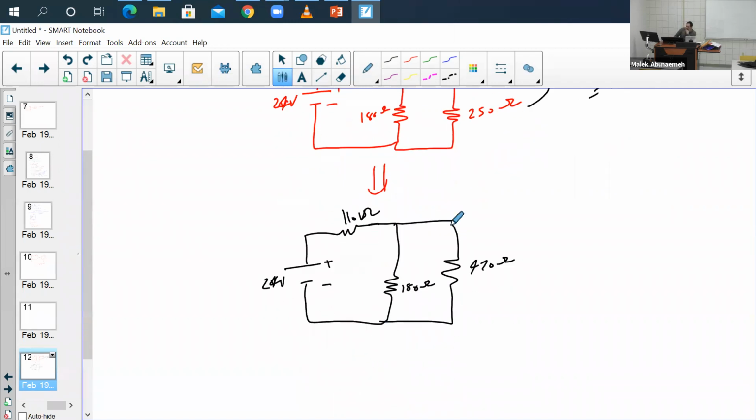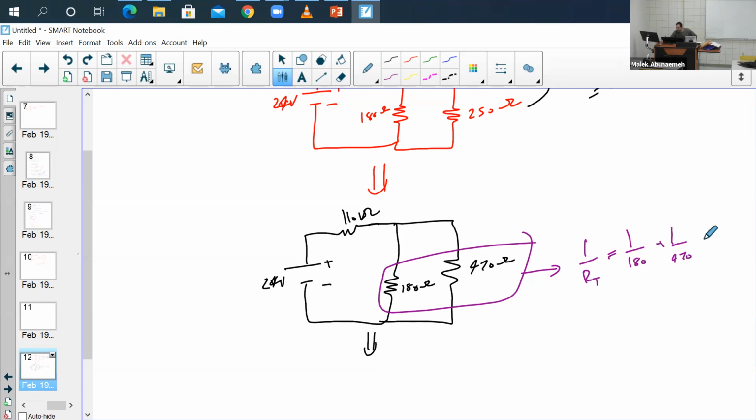All right, now we got the 470 and the 180 that are in parallel. So we need to do this one. 1 over R total for this one is going to equal 1 over 180 plus 1 over 470.